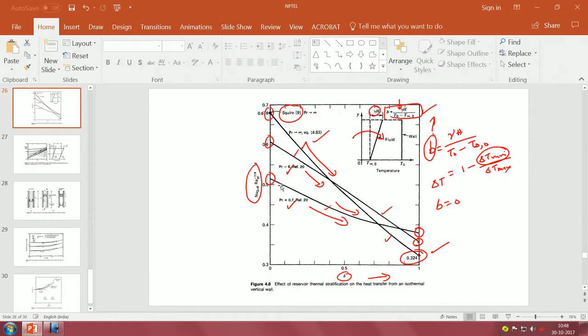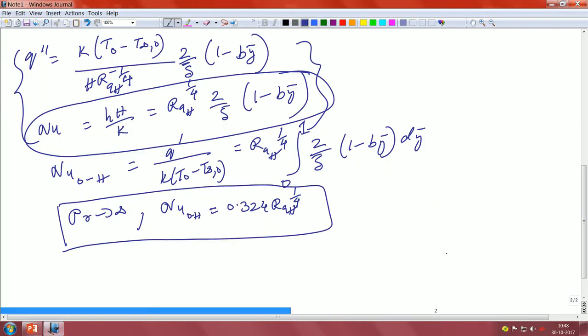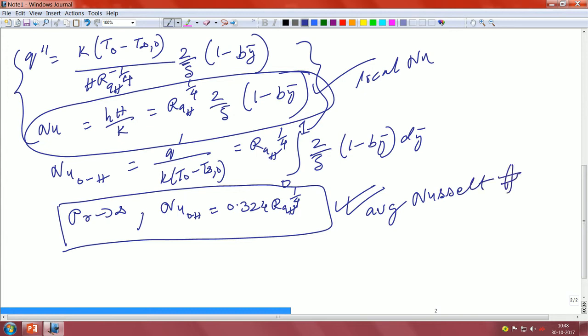Okay. So, let us move to the other one. Based on this, it is quite obvious now. Just remember these values. This is the local Nusselt number, and this is basically the average Nusselt number. These two things must be kept in your mind when you actually attack the problem.